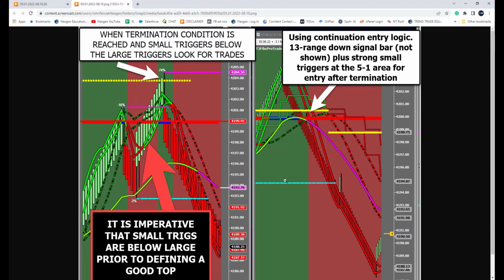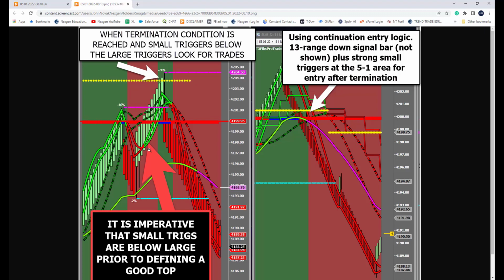So there's one key rule that I have that keeps me out of trouble. The first top has the small triggers above the large. Then the small triggers get below the large. And then the next top is going to be a good top, which you'll see in that video.